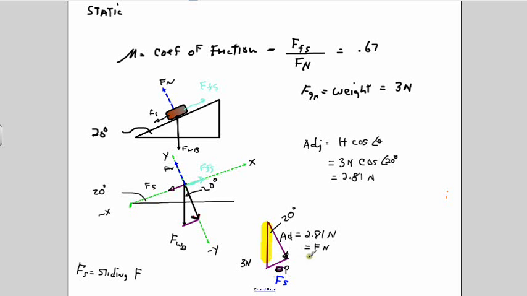Okay, so now what? It says that we have the coefficient of friction equal to 0.67.